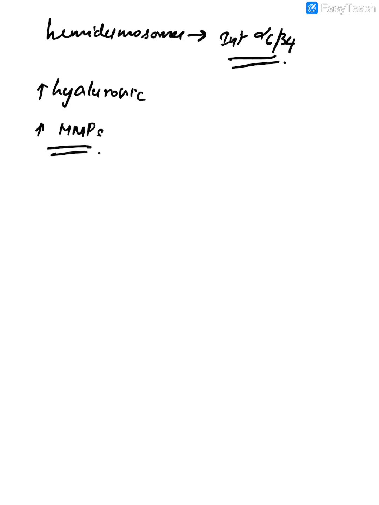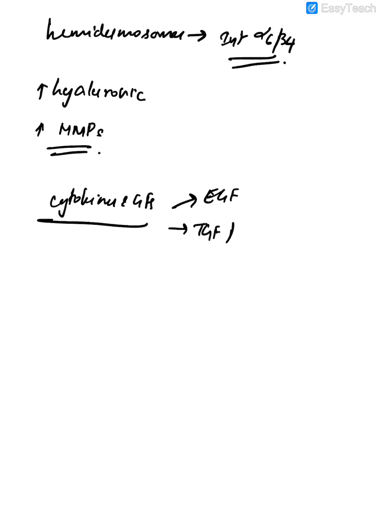Other than these, there is also expression of cytokines and growth factors, which includes growth factors like EGF, TGF beta, FGF and PDGF. There is also synthesis of interleukins like interleukin 1 and interleukin 6.